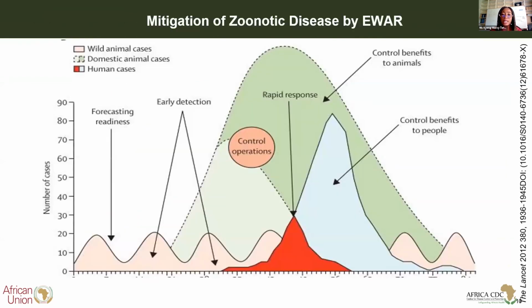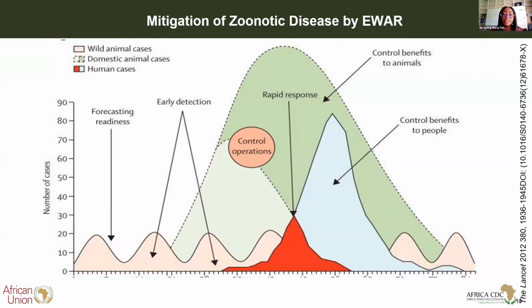So this slide shows us how the previous slide translates into the One Health approach scenario. The pink curve shows us the wild animal species population. The light green section shows us the domestic animal population, and then the blue shows us the human population.